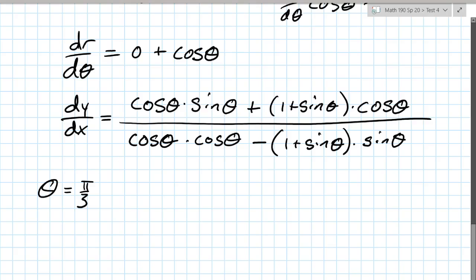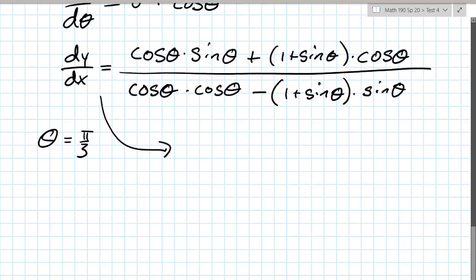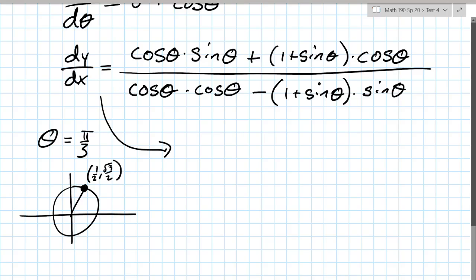So evaluating here for pi over 3, we have cosine of pi over 3, sine of pi over 3, and so on. So perhaps we should draw a unit circle here. Here's pi over 3. That is when the x is 1/2 and the y is square root of 3 over 2. So my cosine of pi over 3 is 1/2. My sine of pi over 3 is square root of 3 over 2.